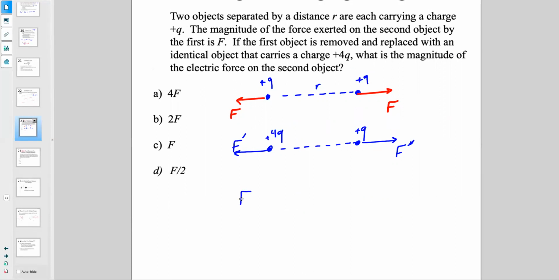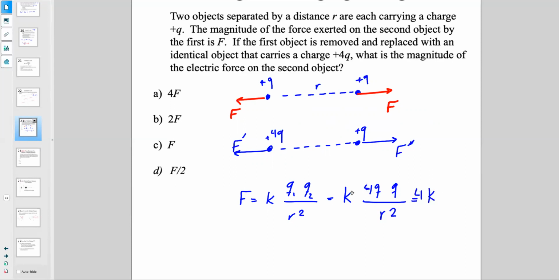So the F prime is k q1 q2 over r squared. Q1 is 4q in this case, or one of them is 4q, and the other one is q, and then r squared. So when you're looking at this, you have 4k.